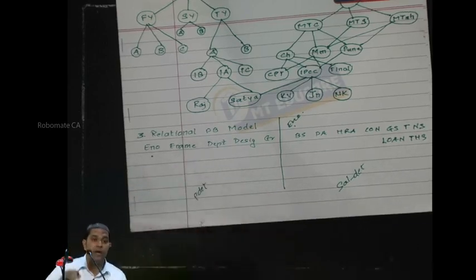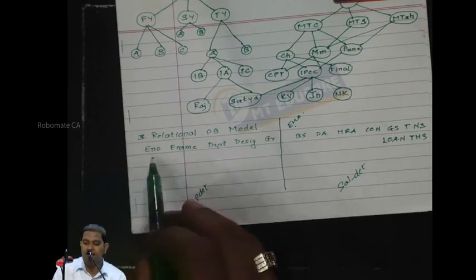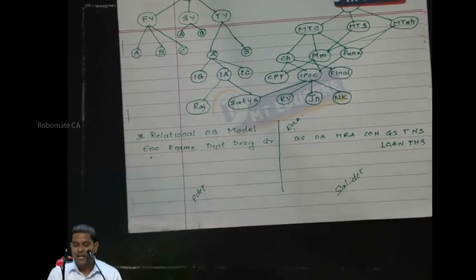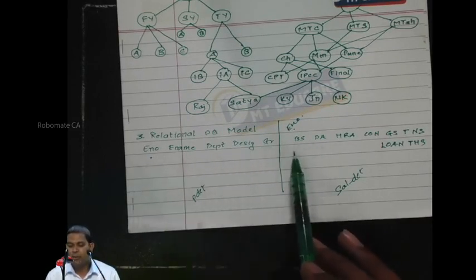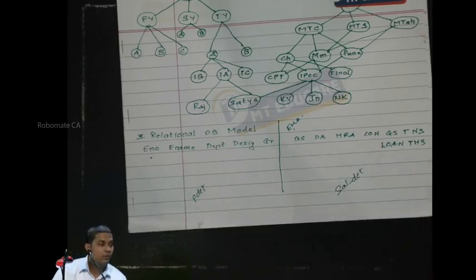And if we want to access the data from both the tables, that is possible by linking this ENO with this ENO. Am I right or wrong? If I ask the department of employee number 1, what is his salary? I'll just access employee number 1 and take his salary. So I'll be able to get it.